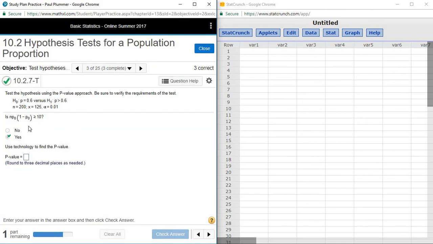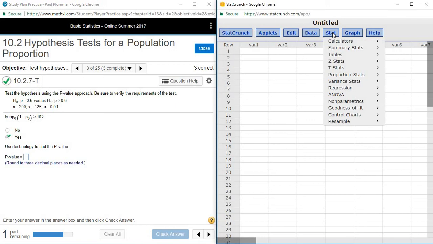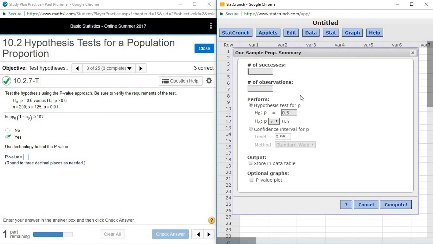So now we want to derive the p-value for this test. To do that, we're going to use basically the same package we did for confidence intervals in the last chapter. Since it's a proportion, we're going to use proportion stats, one sample, and again we have summary. Our number of successes, x, would be 125. The number of observations would be 200.